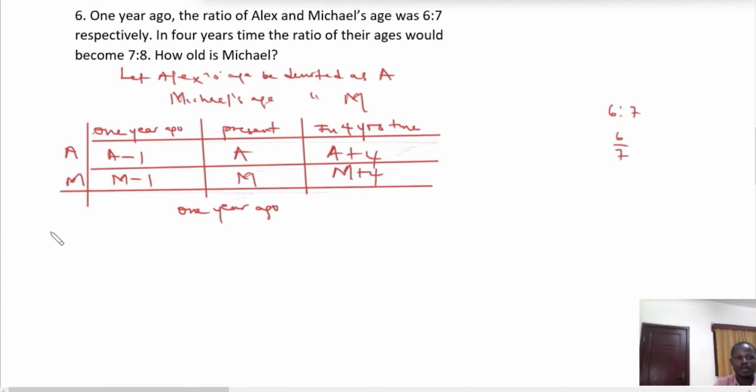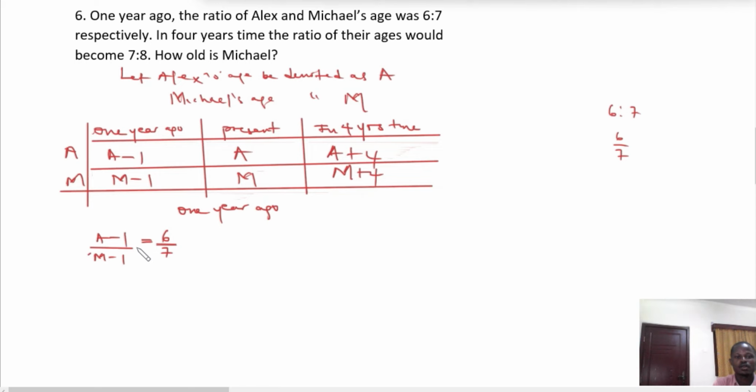So we write Alex's age, A minus 1, divided by Michael's age, M minus 1, and their ratio is 6:7.